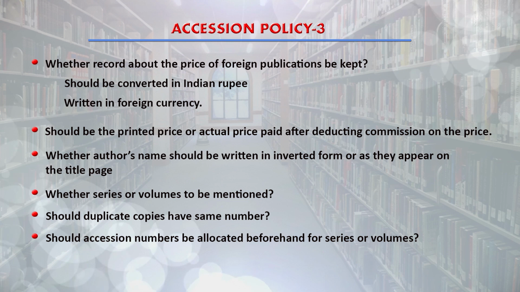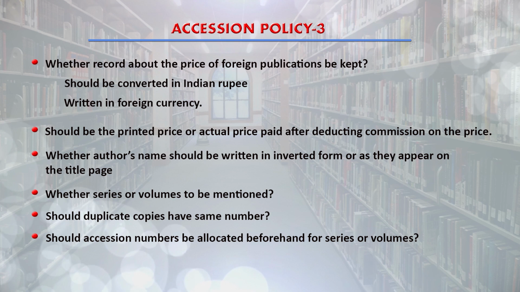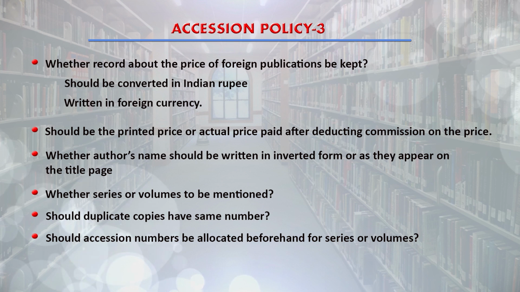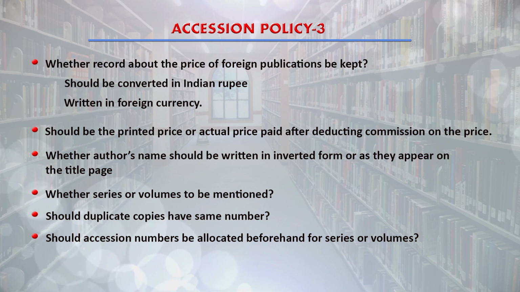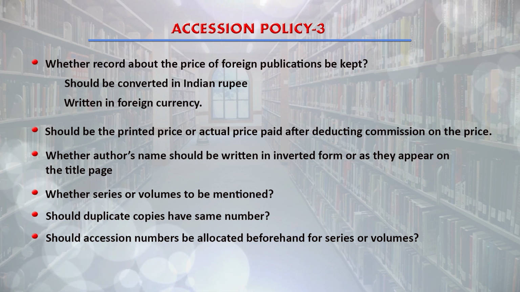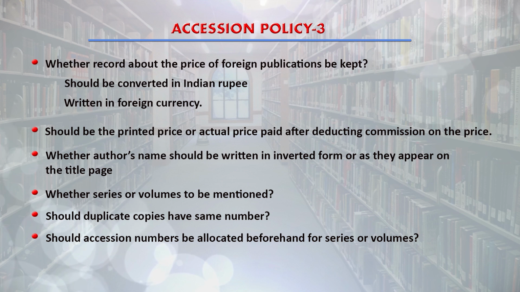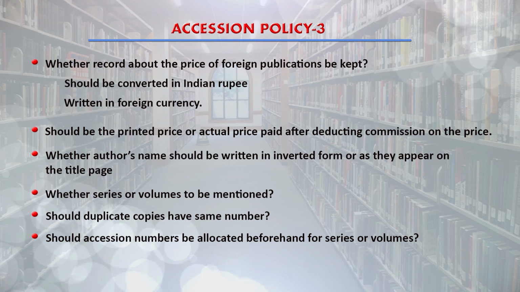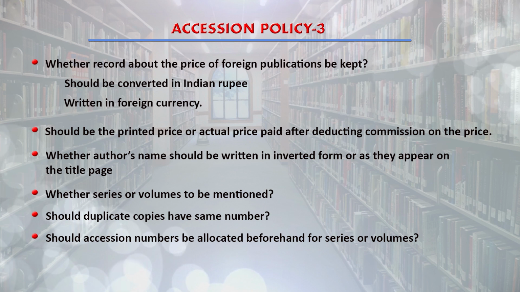In that case, the person who is maintaining the accession register can keep these 20 serial numbers vacant for future entry of all these series documents. That can definitely be done, and in our library also we do it, and many libraries do this, because it gives a good feeling later on that all the books which have the same title but different volume or series numbers are mentioned in a single place.